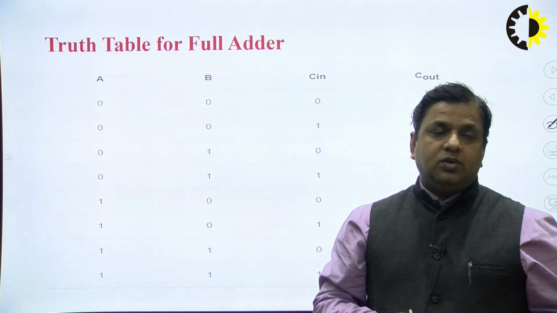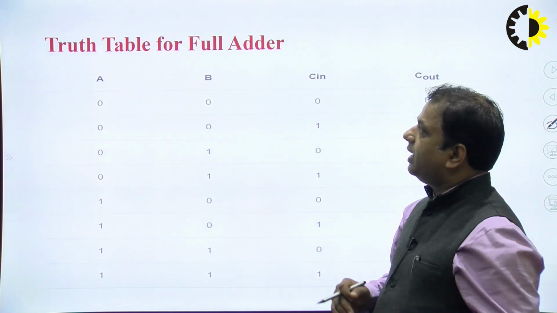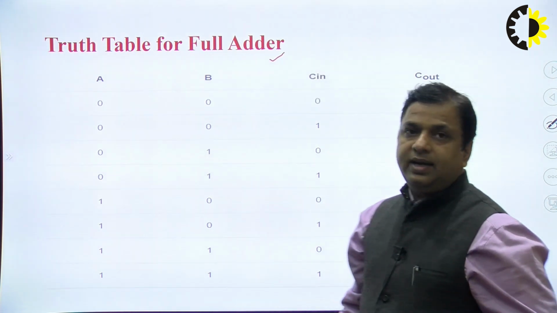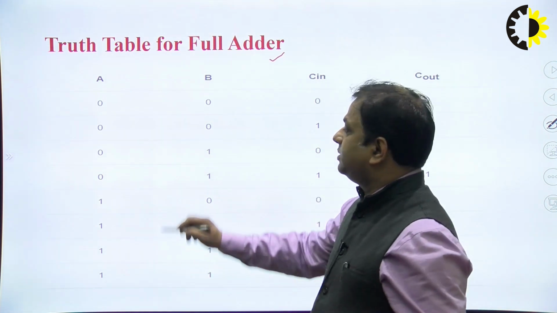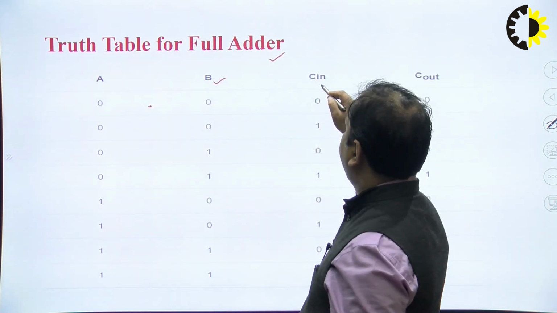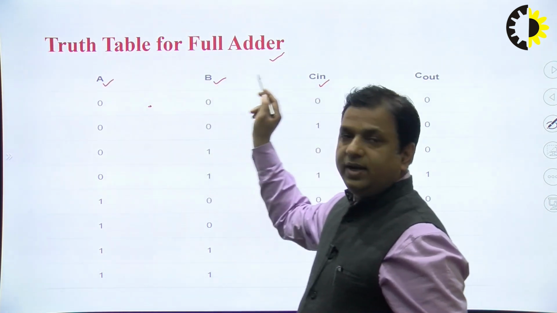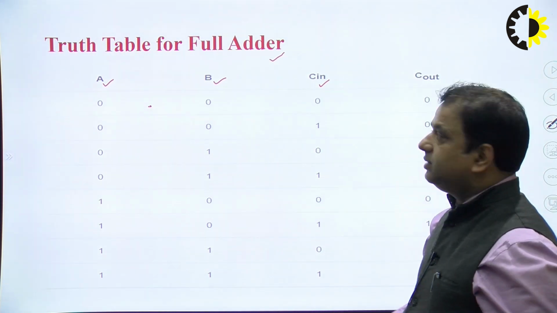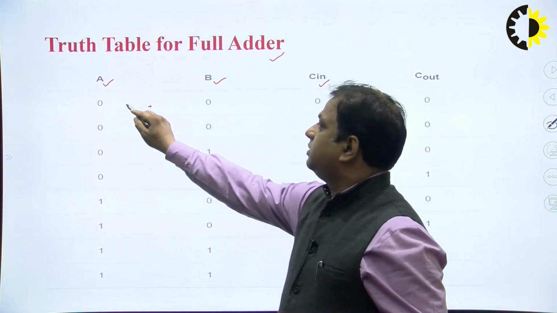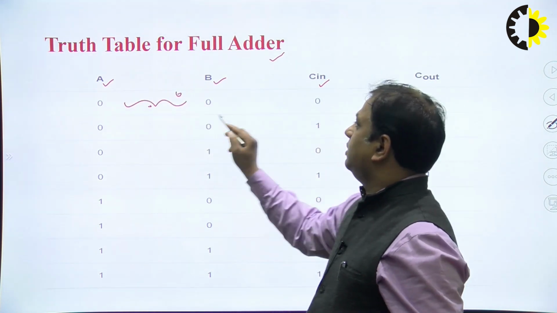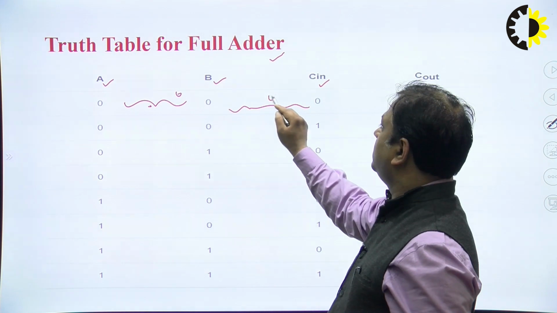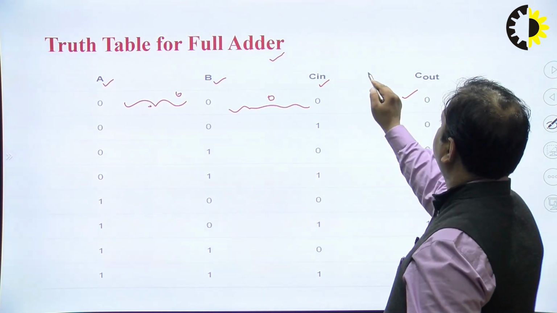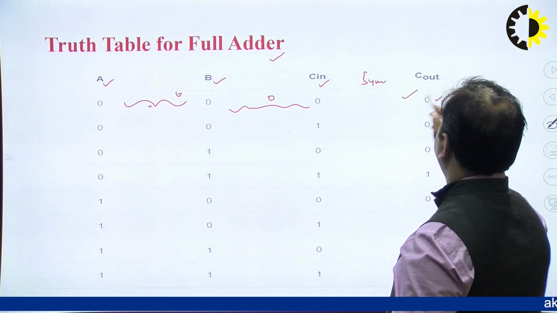To understand the carry look ahead adder, first we understand the concept of the full adder. The purpose of the full adder is that it adds 3 bits: 2 bits A and B, and C in, that is 1 carry. We can complete the truth table of the full adder just by adding the numbers: 0 plus 0 plus 0, the sum is 0 and carry is 0.